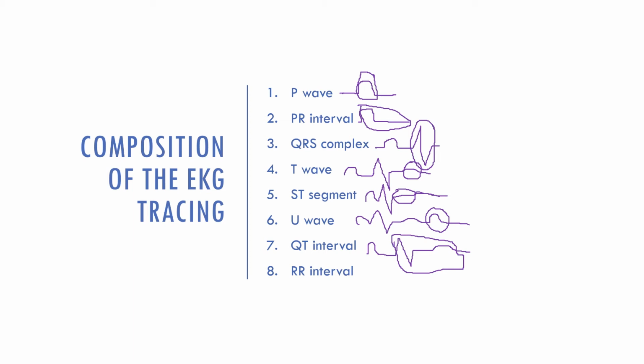An R to R interval reflects the regularity of the heart rhythm. It is measured from one QRS to the next QRS. So you have your P wave. Well, usually you have a little more line. Let me try that again.